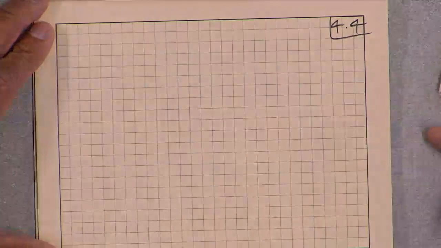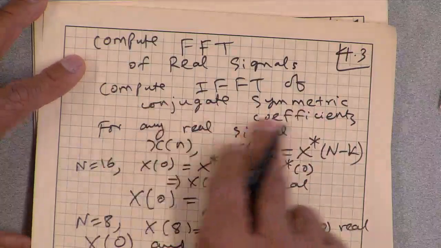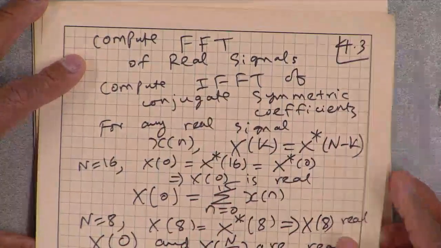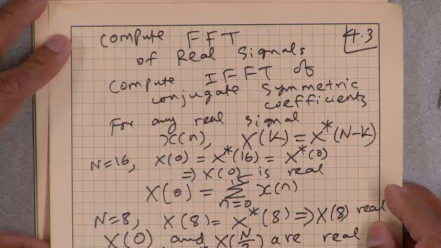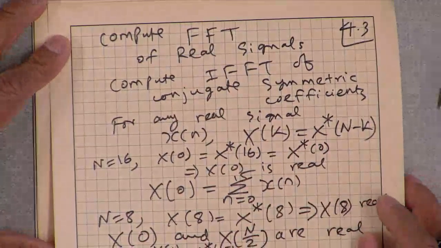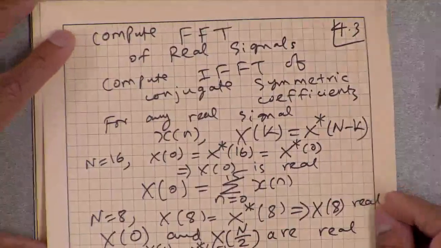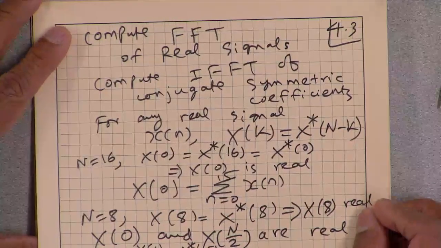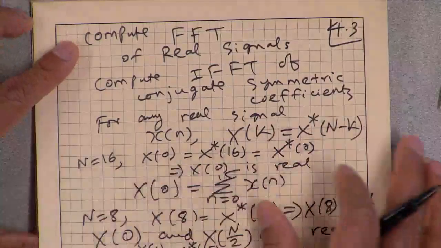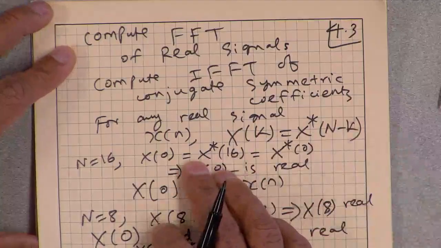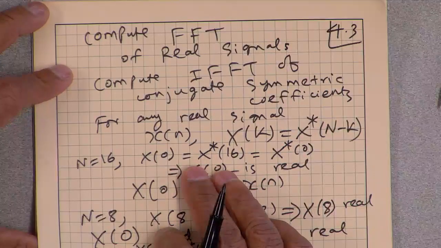Computing the IFFT of conjugate symmetric coefficients and the FFT of real signals is something that you come across in ADSL modems. How many of you have heard of the word ADSL? Asymmetric digital subscriber line, something like that.